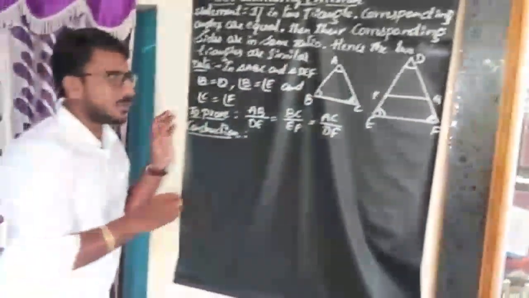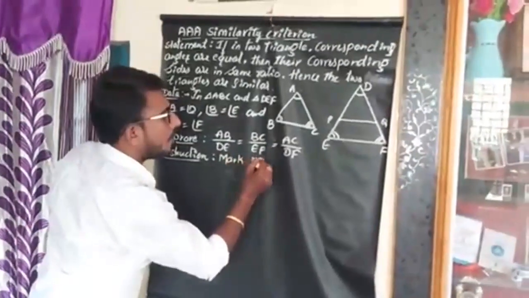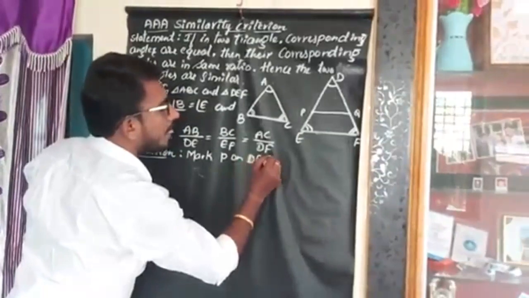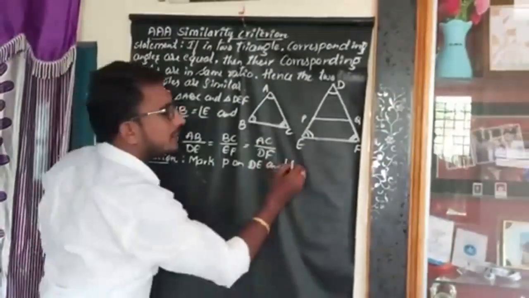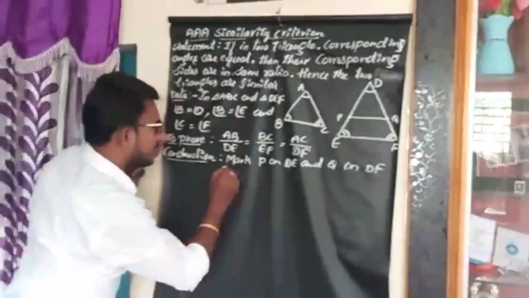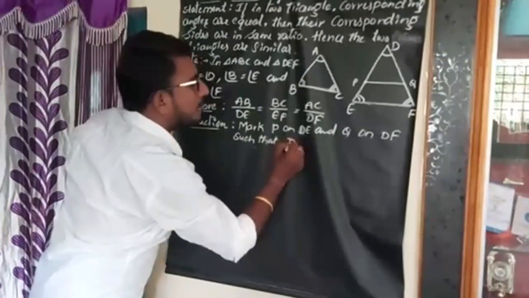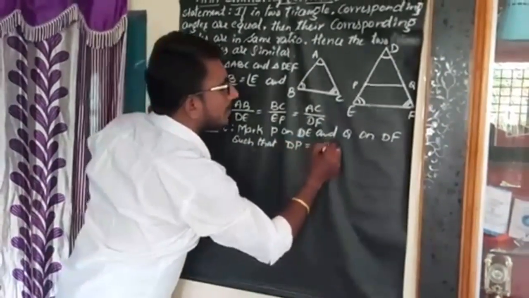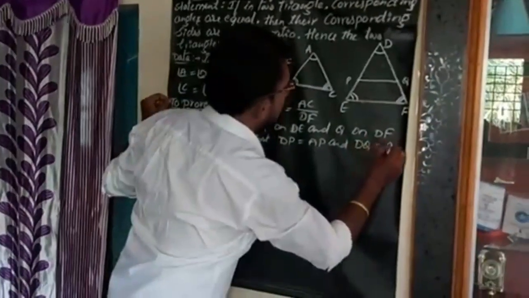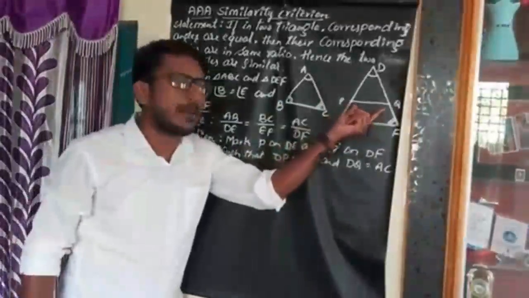Let us write it now: mark P on DE and Q on DF such that DP is equal to AB and DQ is equal to AC. So this is the construction that we have made, and then I have joined PQ.